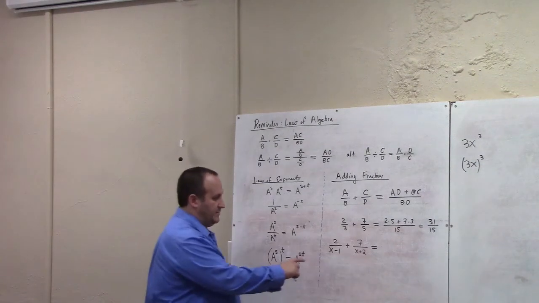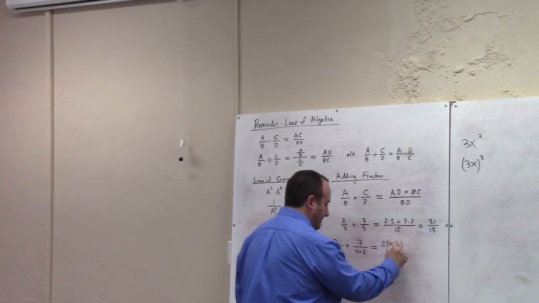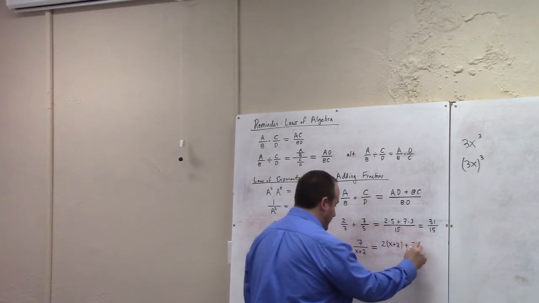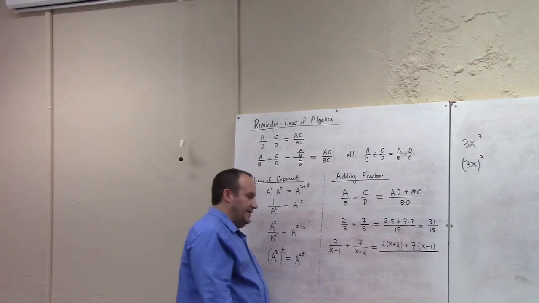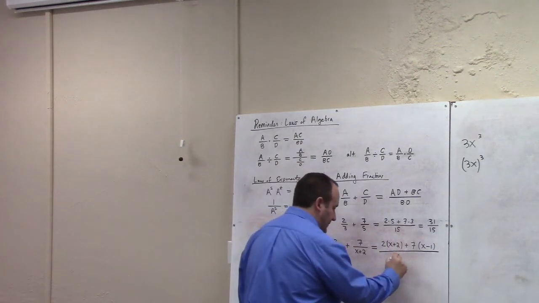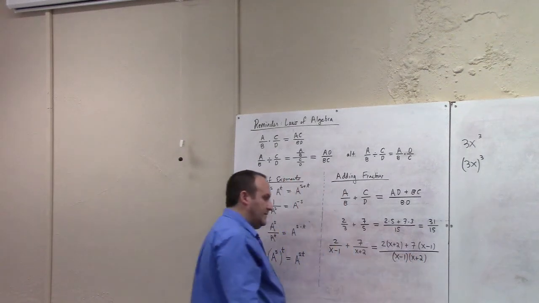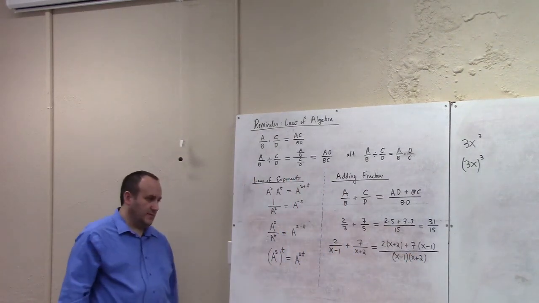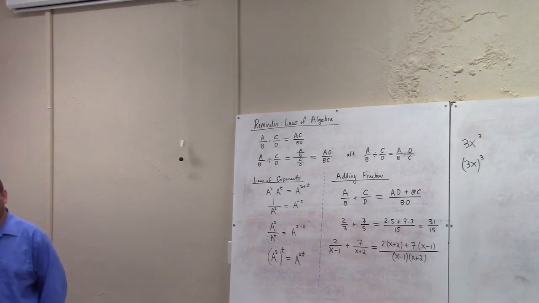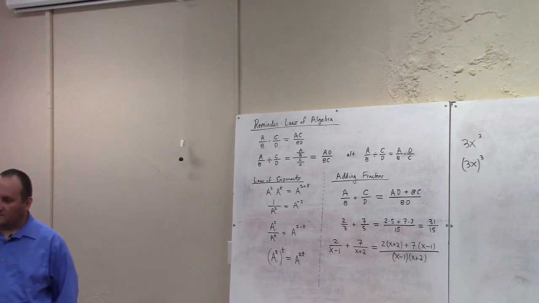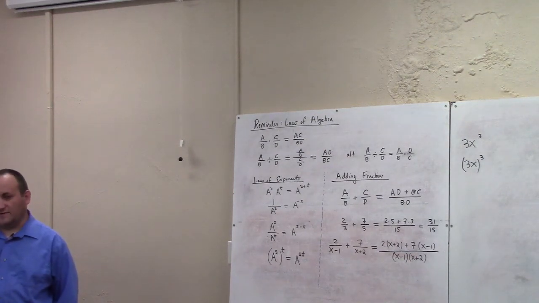So this is like 2 times x plus 2 plus 7 times x minus 1, and then downstairs I have x minus 1 times x plus 2. Now in this kind of problem, I would typically give you instructions like add the rational expressions and simplify.